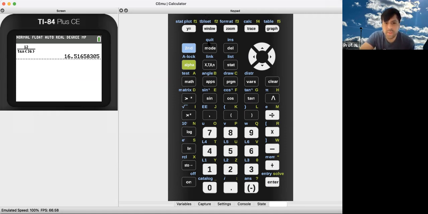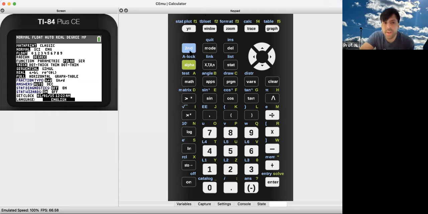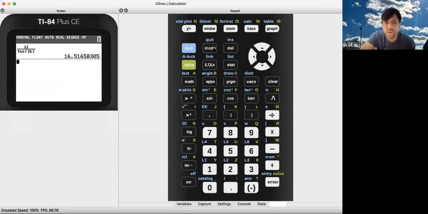All right, so make sure you are in the correct mode. Whenever you find a trig function, make sure you know what mode you're in, and that depends upon what the angle measure is. If the angle is in degrees, make sure you're in degree mode. If the angle measure is in radians, make sure you're in radian mode.